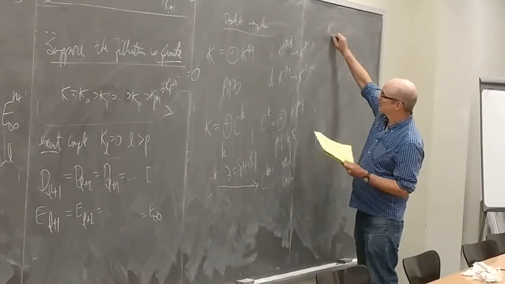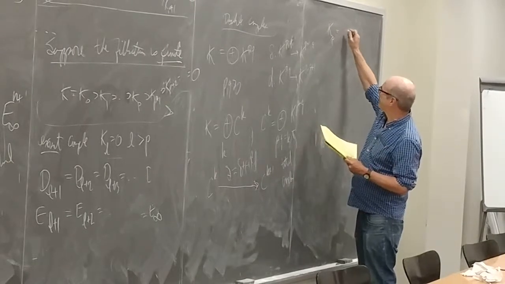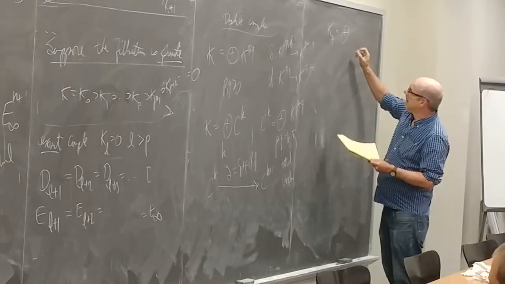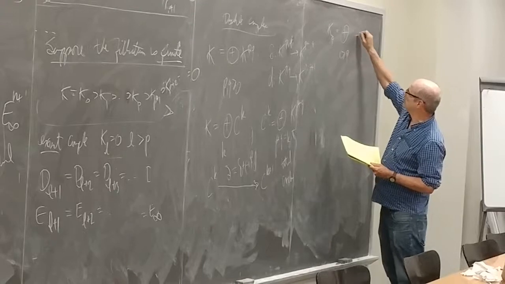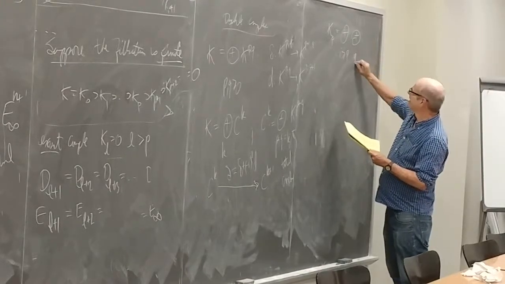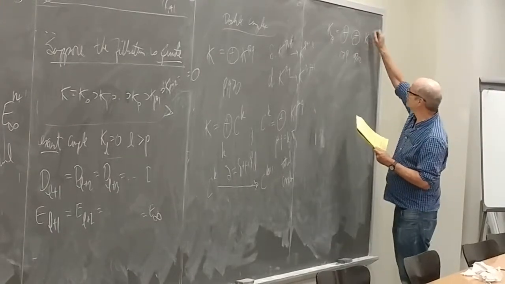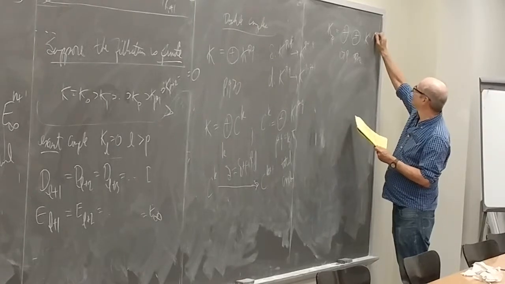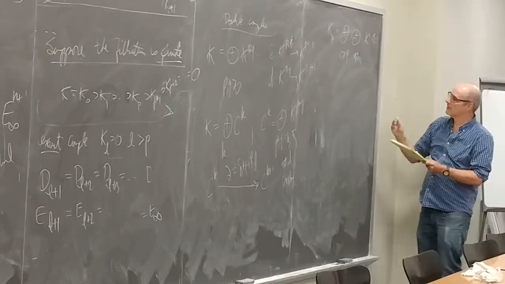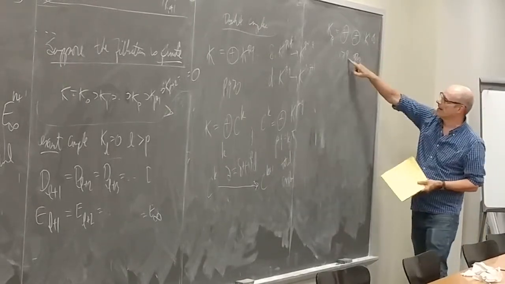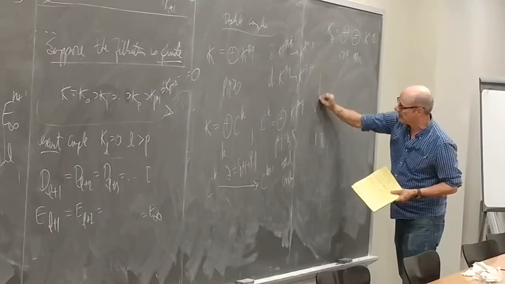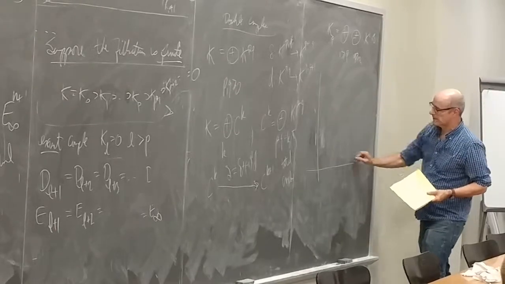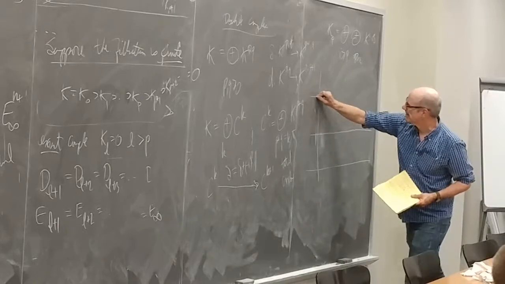Given a double complex, we can define a filtered chain complex as follows. We just take everything whose horizontal coordinate is greater than or equal to P. So let me draw a picture here.